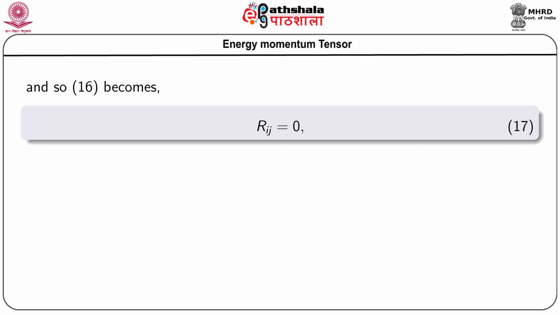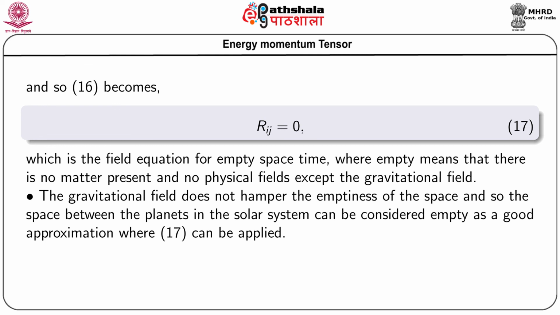This equation is the field equation for empty space time. That means there is no matter present and no physical fields except the gravitational field, and for empty space time the field equation is R_ij equals 0.